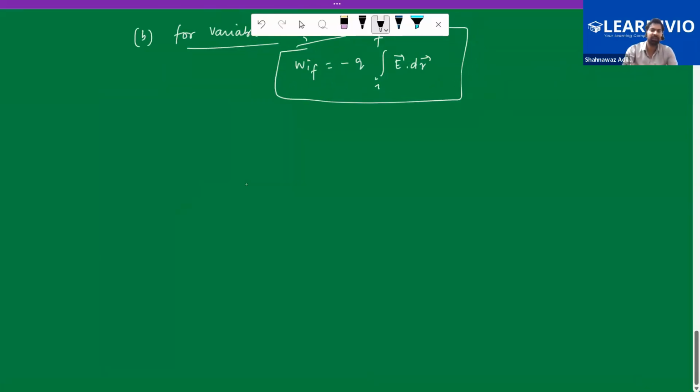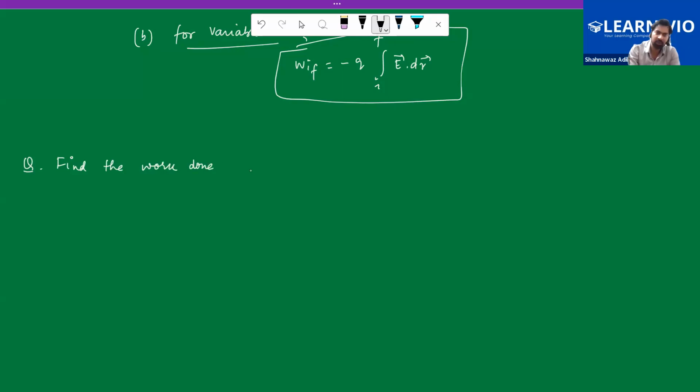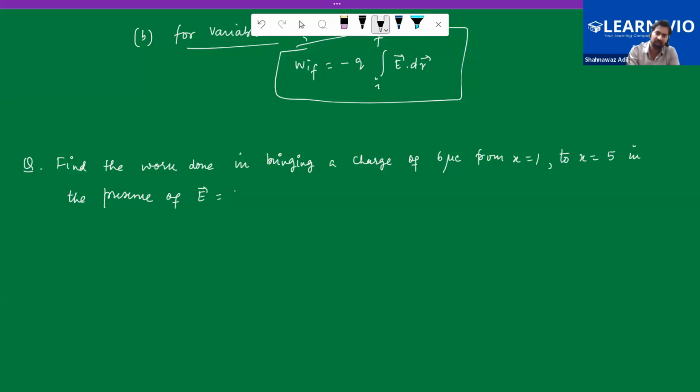So you have an electric field. Find the work done in bringing a charge of 6 microcoulomb from x equals to 1 to x equals to 5 in the presence of the electric field, which is how much? 3x square I hat, right?